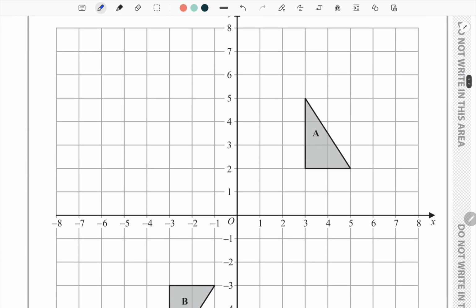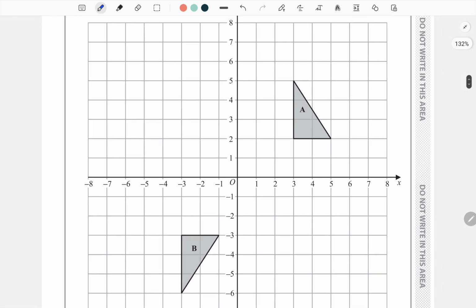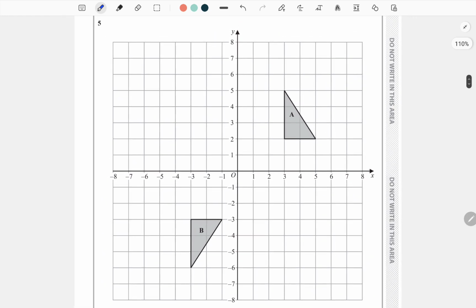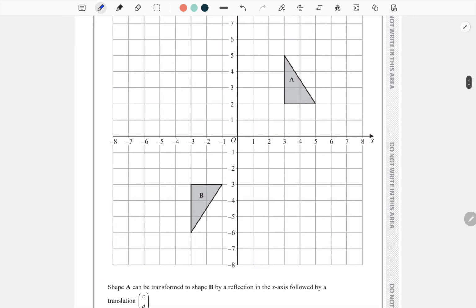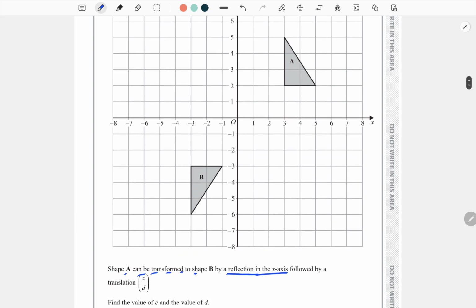Right, question number 5. And I'm going to zoom out a little bit on this one, just to give you a clearer picture of what's going on. It says shape A can be transformed to shape B by a reflection in the x-axis, followed by a translation of CD.